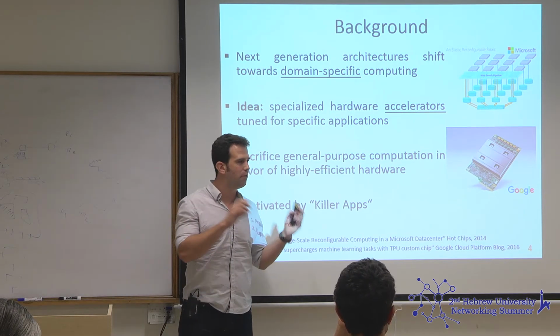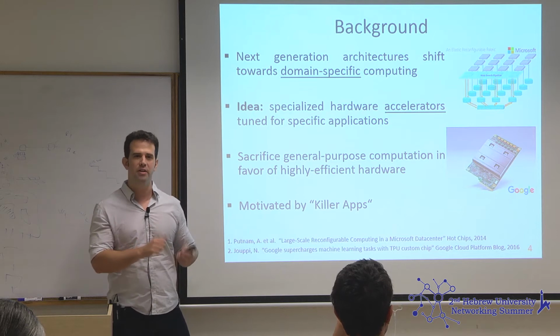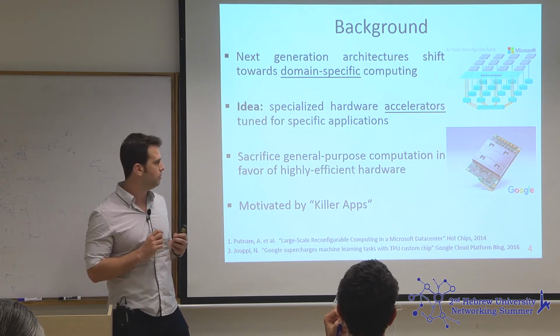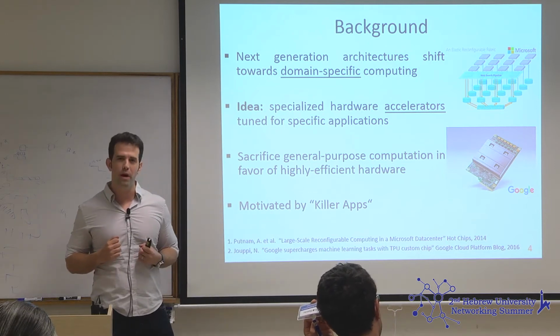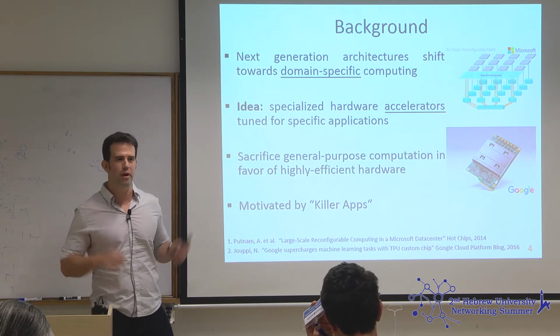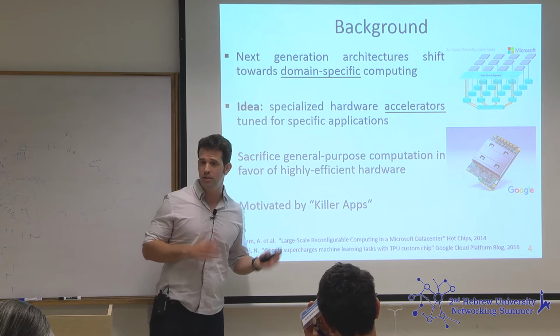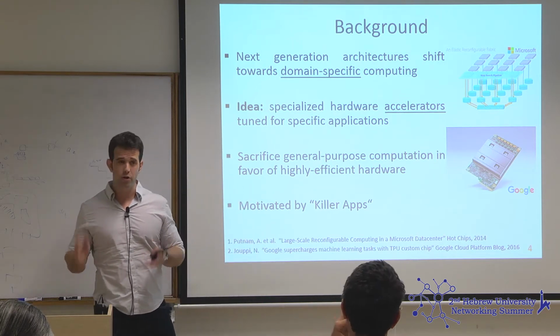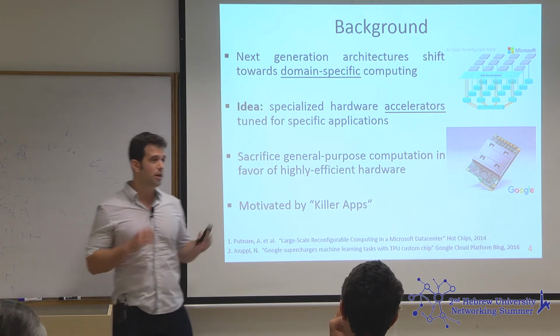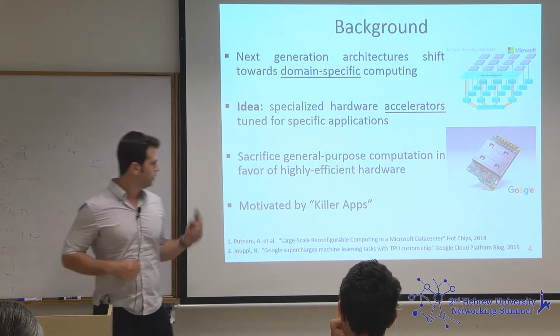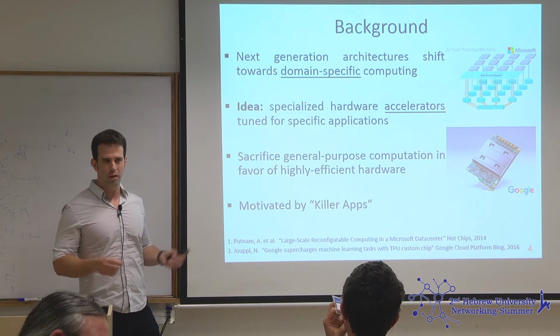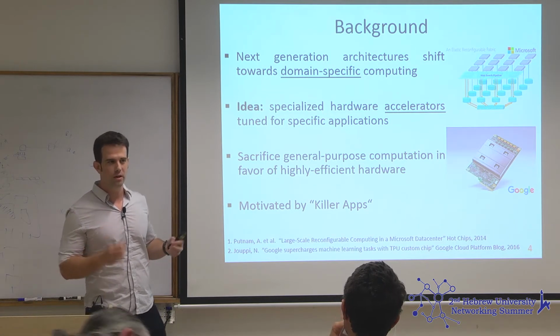You'll have smaller pieces of hardware that are tailored for specific computation patterns, and this trend is being fueled by the emergence of killer apps like graph processing, video compression, file compression, and everybody's favorite buzzword, deep learning.